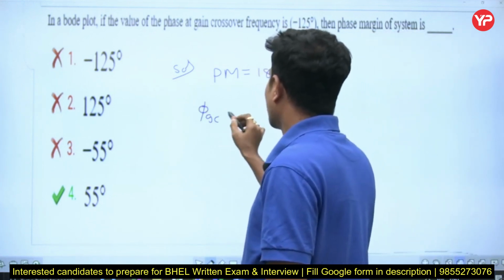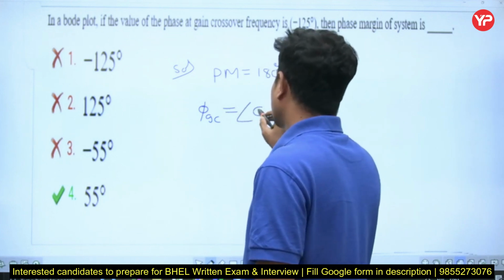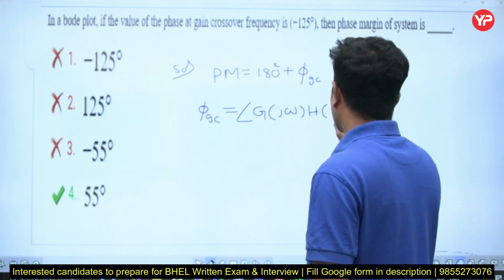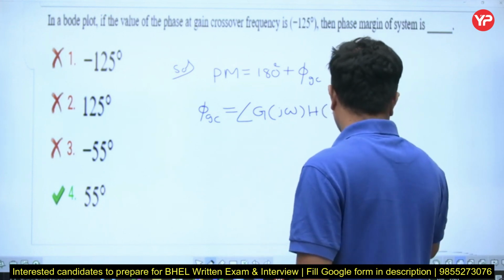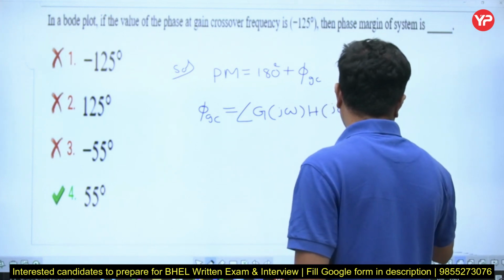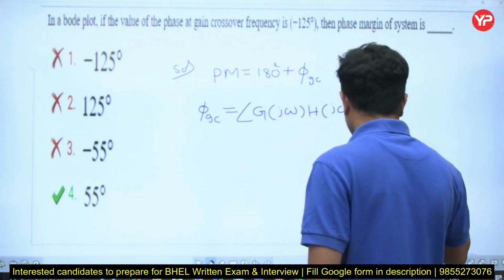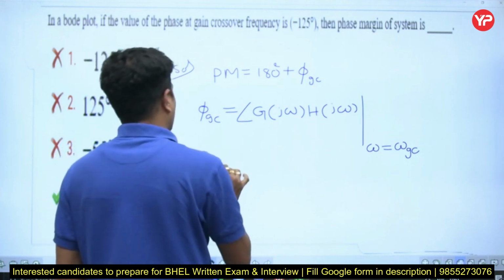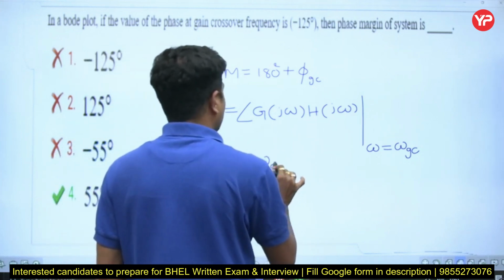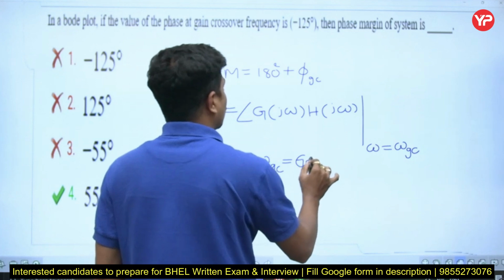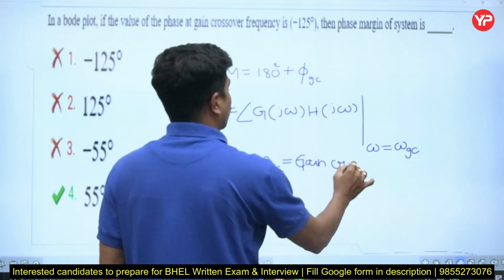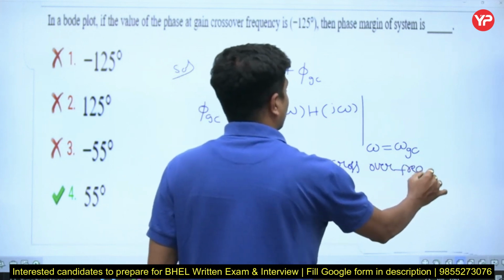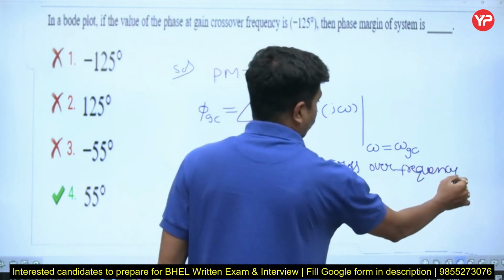Phi GC is the angle of the open loop transfer function at omega equal to omega GC, where omega GC is the gain crossover frequency.